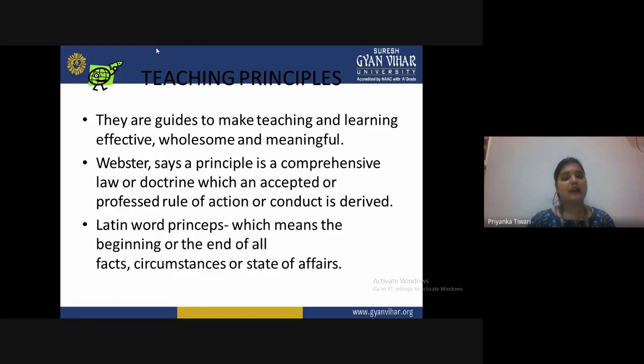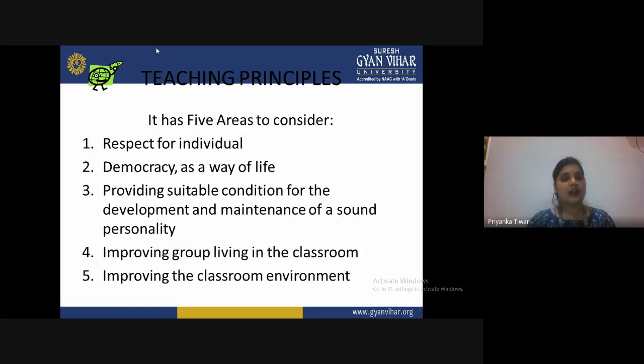It has five areas to consider: respect for the individual, democracy as a way of life, providing suitable conditions for the development and maintenance of a sound personality, improving group living in the classroom, and improving the classroom environment.